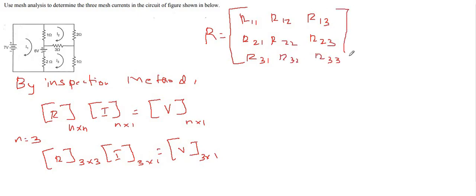So these are the coefficients we are going to find for the R matrix. So first we will solve the diagonal elements. First we will find the value for R11.